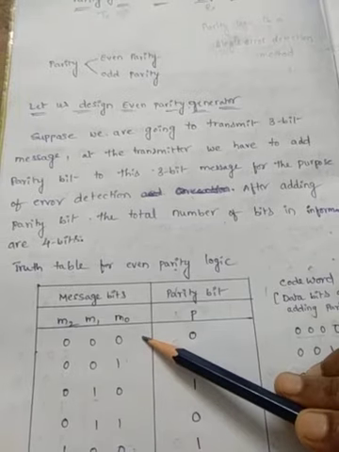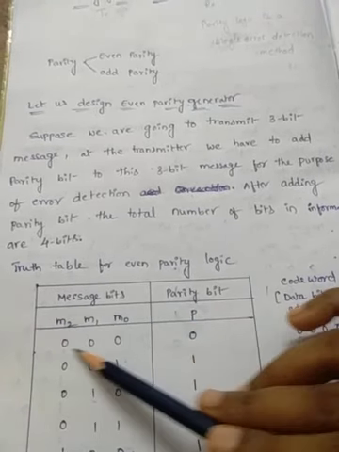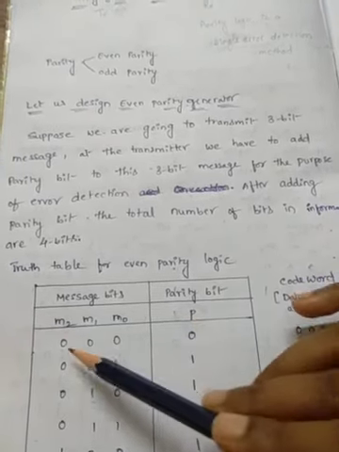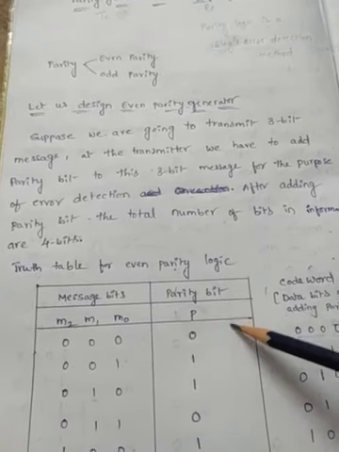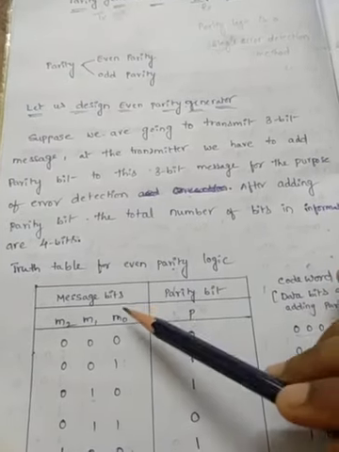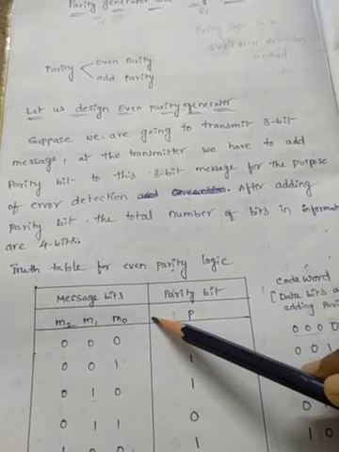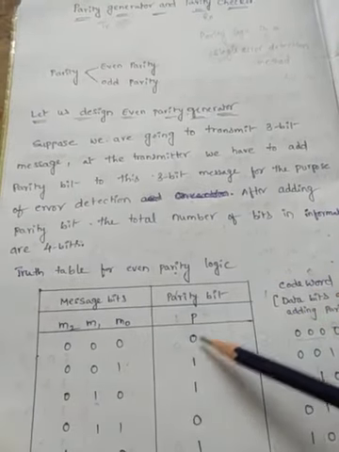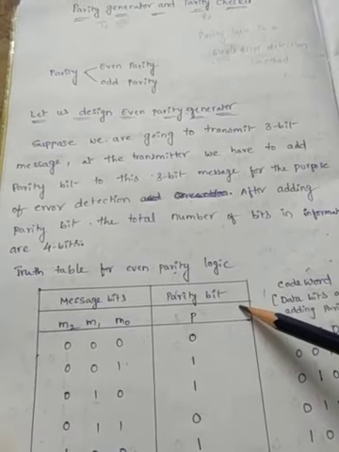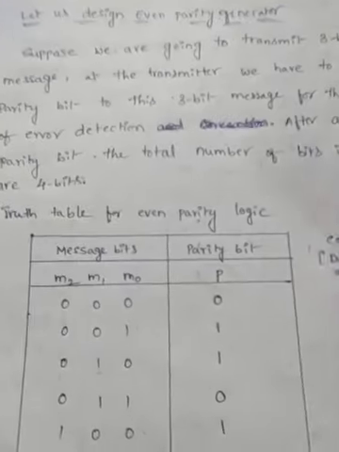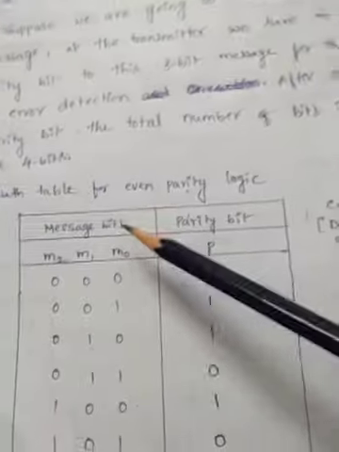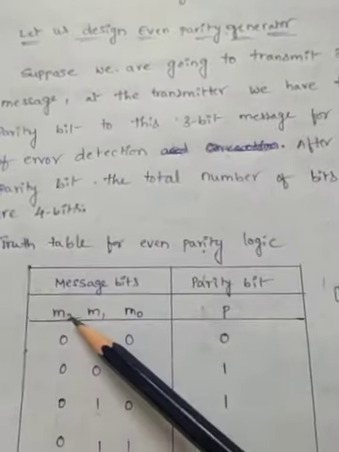So after adding a parity bit to this 3-bit message, the total number of bits becomes 4. Suppose our message contains 4 bits, then after adding the parity bit, the total bits are 5. Like that. So in this example, we consider a 3-bit message.